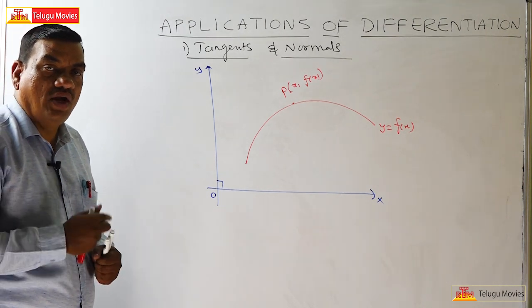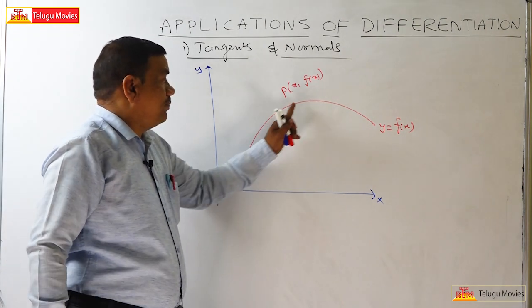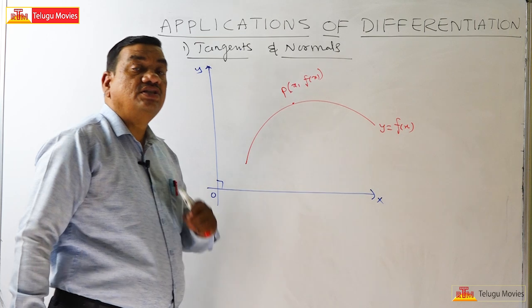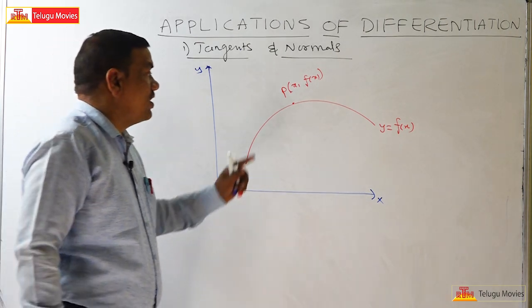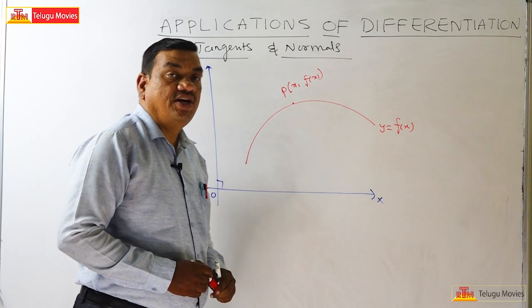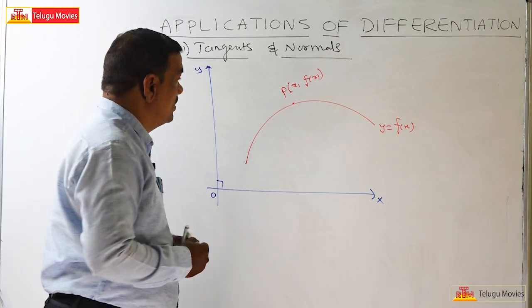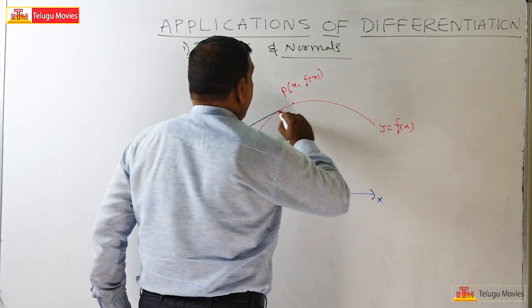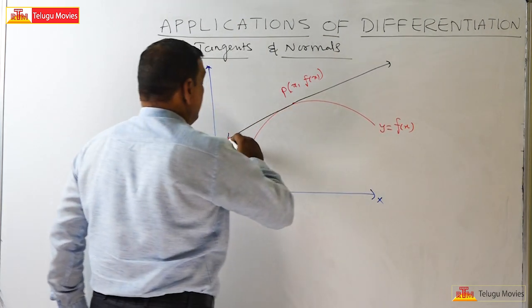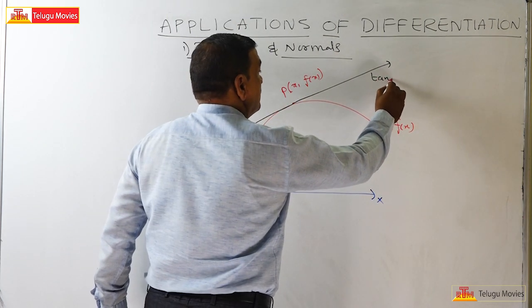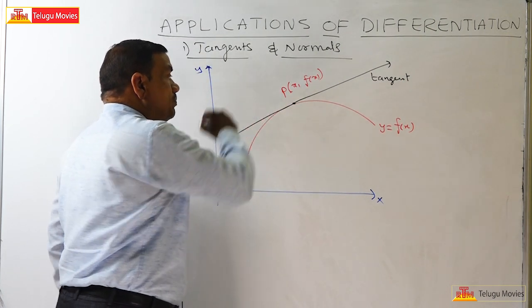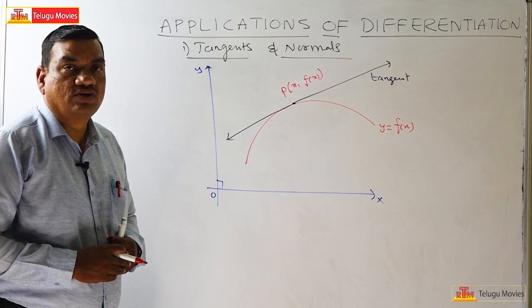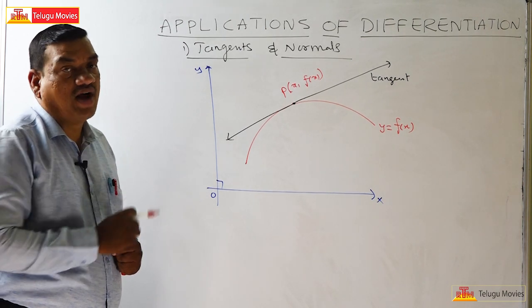At P, let the function be differentiable, which means we can draw a tangent at the point P. So let this be the tangent at the point P. P(x, f(x)) is called the point of contact.